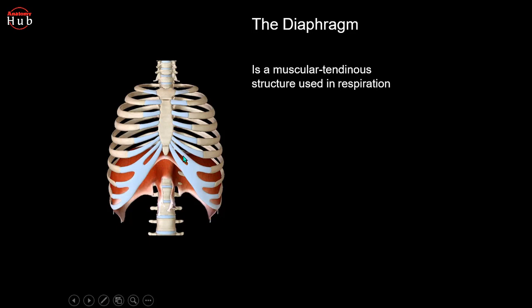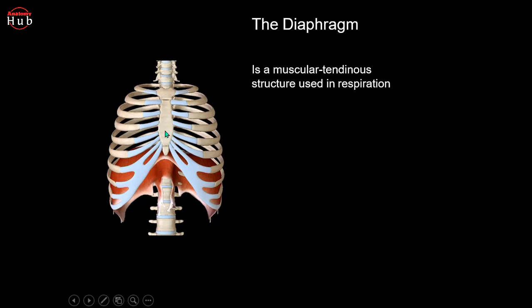It undergoes contraction and relaxation, altering the volume of the thoracic cavity and the lungs, producing inspiration and expiration. So in this video, we will look at the anatomy of the diaphragm, its attachments, actions, and the associated neurovascular structures.